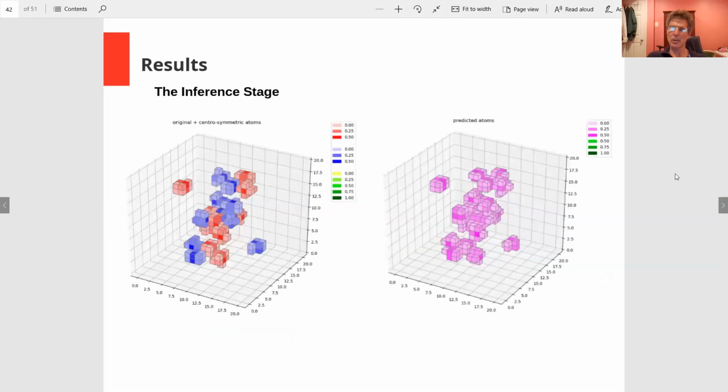Okay, now what I'm going to show is results from the inference stage. In this case, the network has been trained and it's fixed. It's not changing anymore. And now I'm creating new atoms and density maps, and training on those. I mean, I'm sorry, not training on those. I'm just creating the density map, creating the central symmetry of the density map, adding those together.